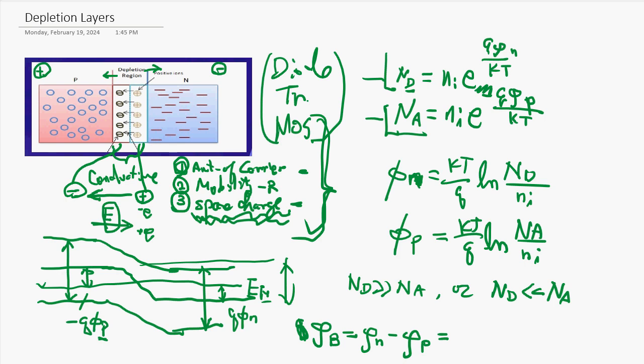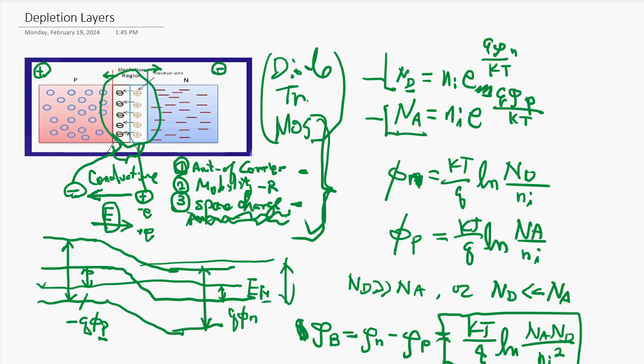So kT over q log Na Nd over Ni squared. Okay. So this is going to be the electric field potential generated by space charge. This is a space charge here. Okay.